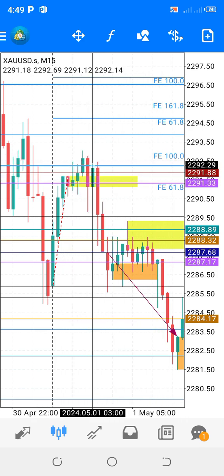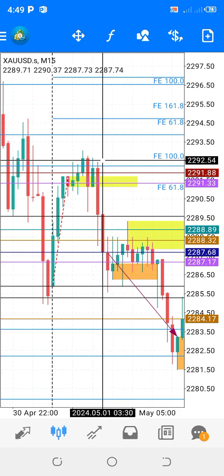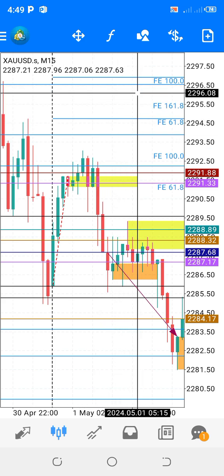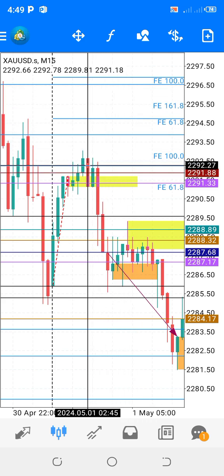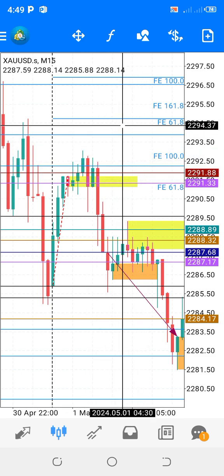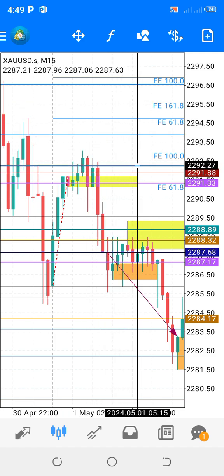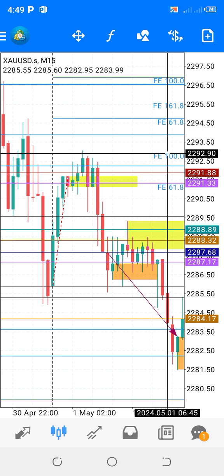So we now have expansion levels: expansion level 61.8, expansion level 100, and expansion level 161.8. So that is what we have.